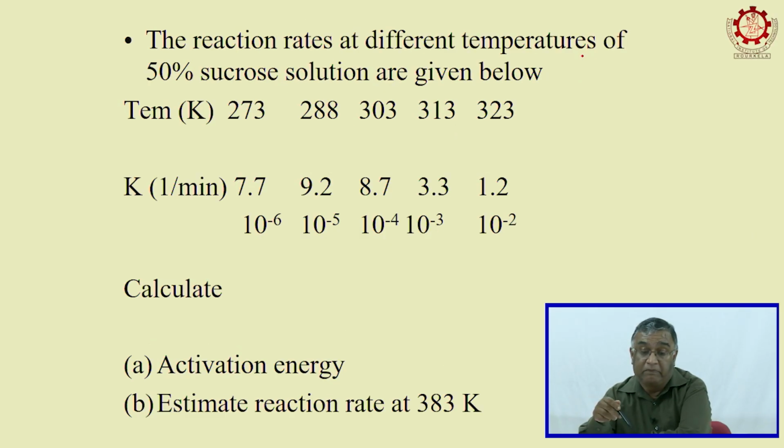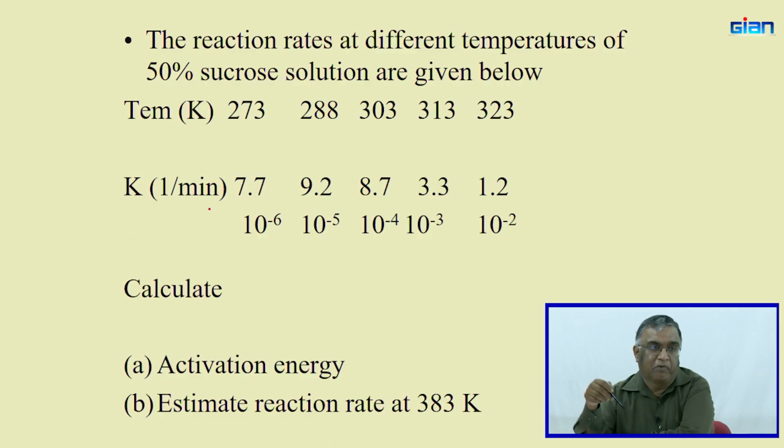You have another problem. You have different temperatures, sucrose concentration and k values given. You want to calculate the activation energy and then the reaction rate at 383 Kelvin. All these example problems try to make you go through using the equation and getting the values so that you get practice solving them. So you have the temperatures given and k values given.